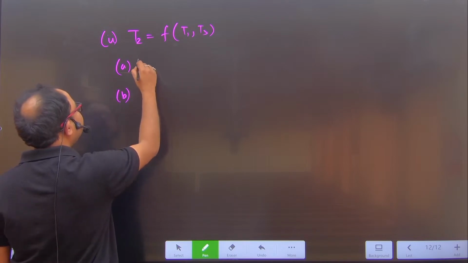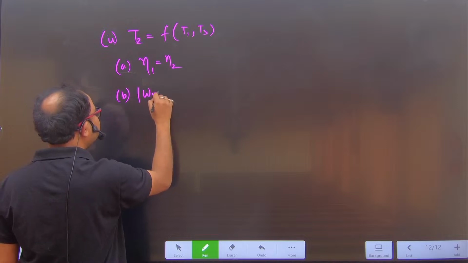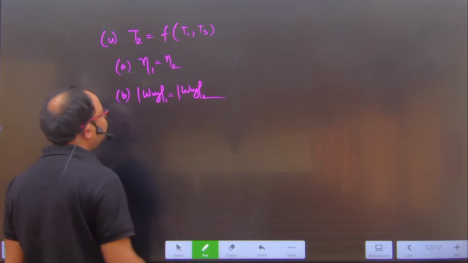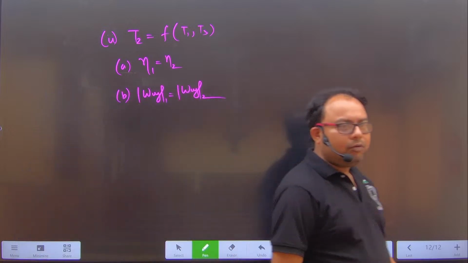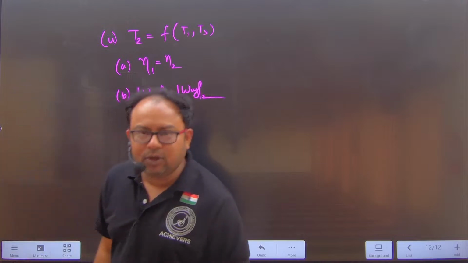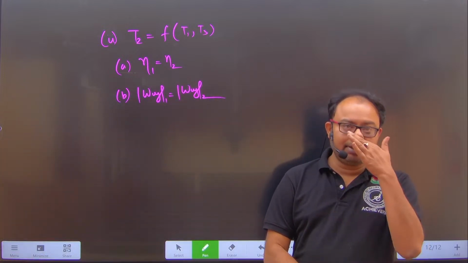The first constraint is eta 1 equal to eta 2 and the second constraint is mod W cyclic 1 equal to mod W cyclic 2. For these two constraints, you have to express T2 in terms of T1 and T3. So this is our next question.